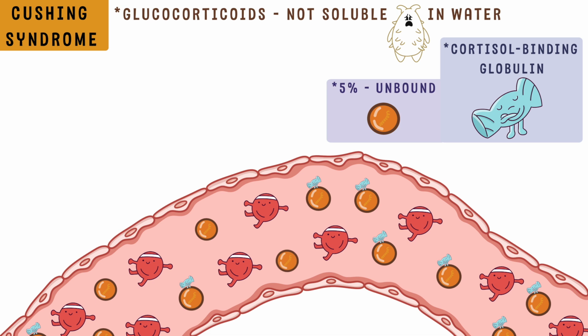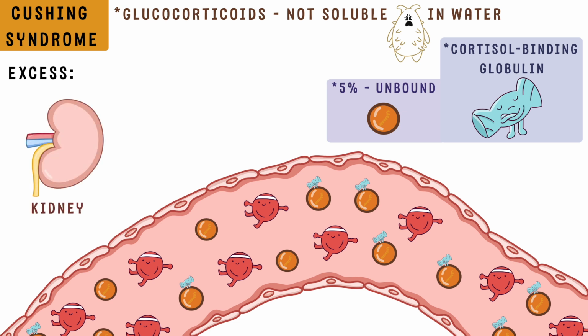In fact, only this small fraction of free cortisol is biologically active, and its levels are carefully controlled. Excess free cortisol is filtered in kidneys and dumped into the urine.